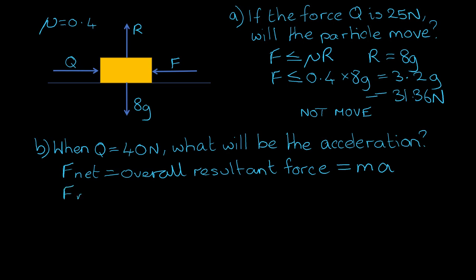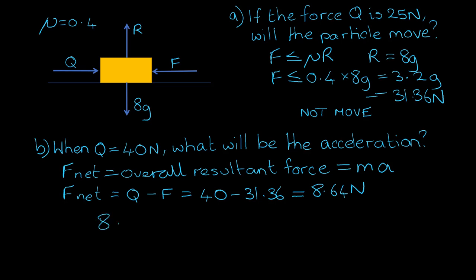So F net here will be Q minus the friction. So we're told that's 40. And the maximum friction we worked out previously as 31.36. So that means that the net force is 8.64 newtons.